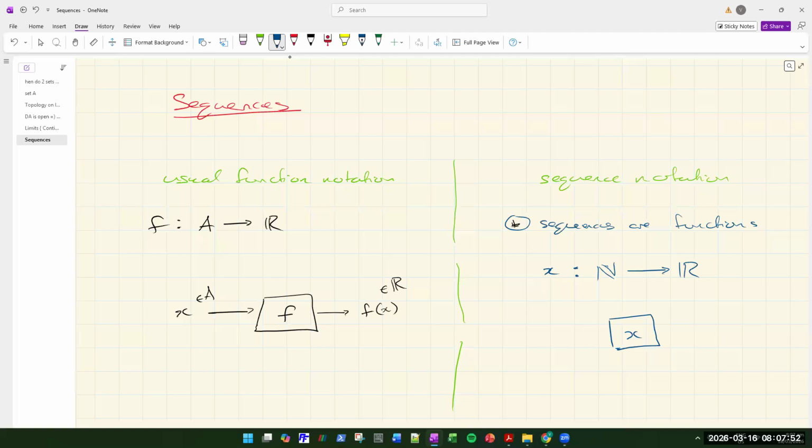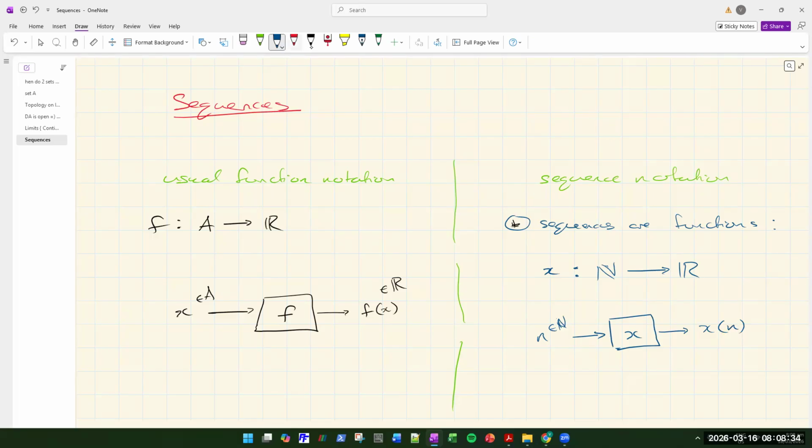And what we threw into the machine before was called x, so I can't use x again. But I know what I'm going to throw into this function, because a sequence, by definition, is a function that maps from the natural numbers. So I'm going to throw in an n, and this n has to be a natural number. And the output, just like before, if my input is x, the output is f of x. If my input is n, the output is x of n.